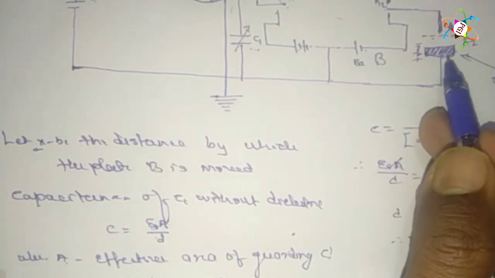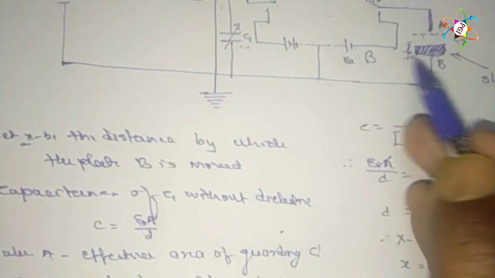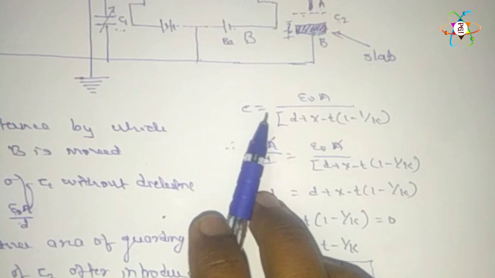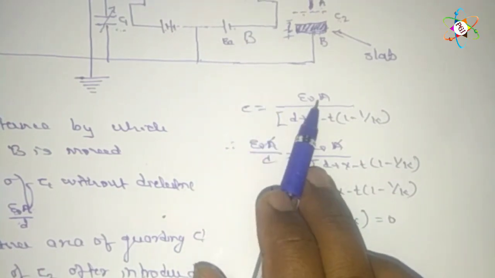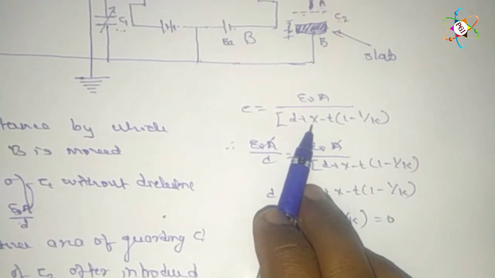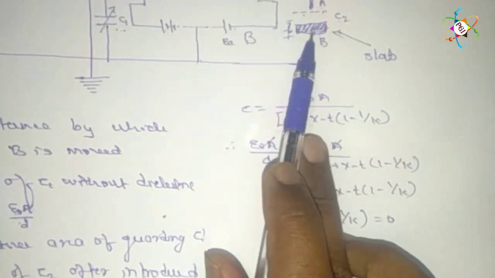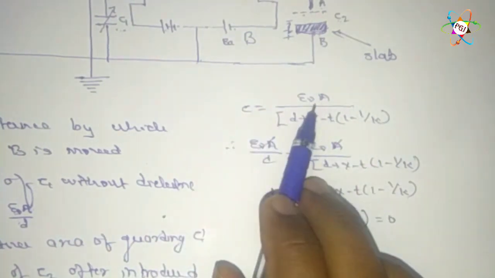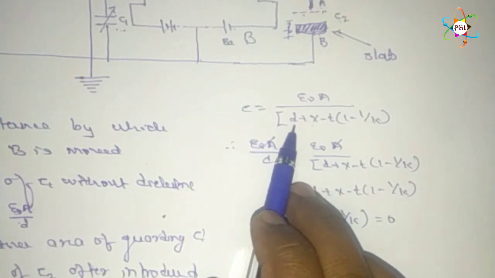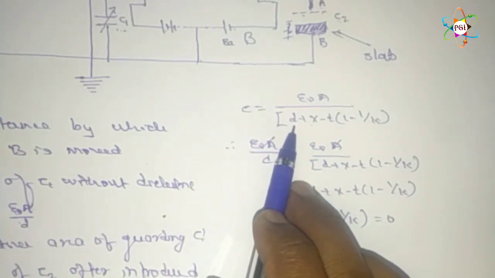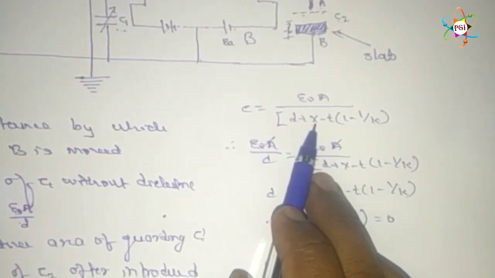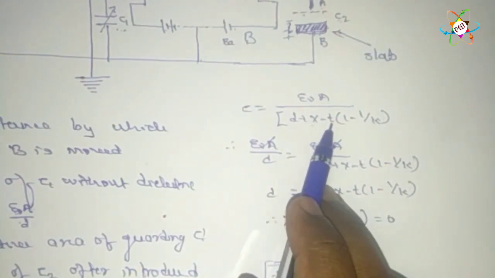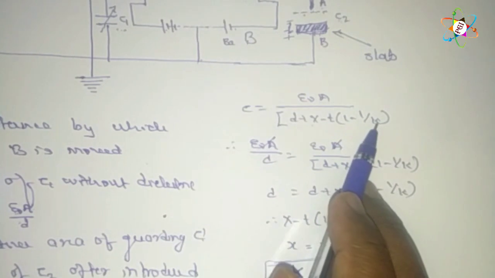Therefore, the capacitance of capacitor C is epsilon naught A divided by D. After the slab is inside, C is equal to epsilon naught A divided by D plus x minus t into 1 minus 1 divided by K, where D is the distance between A and B, x is how much distance is moved, and t is the thickness, and K is the constant.